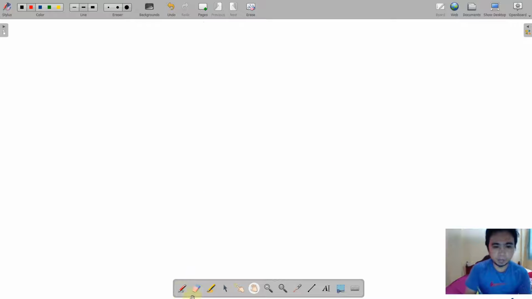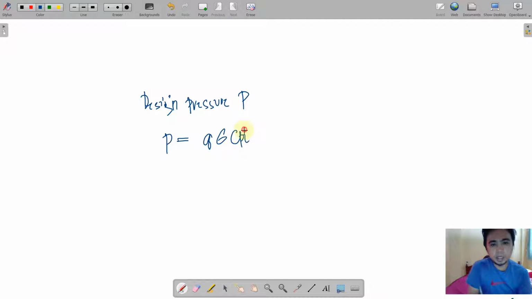So ito yung design pressure P. The design pressure P is expressed by this equation: Q times GCP minus, and copyain mo lang yan, QI times GCPI.